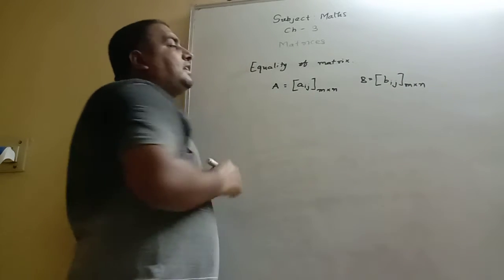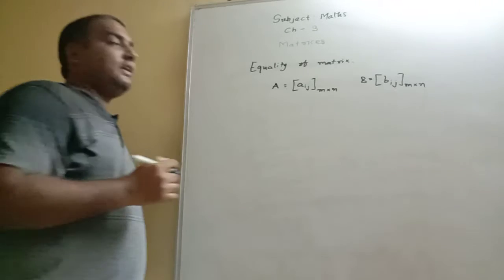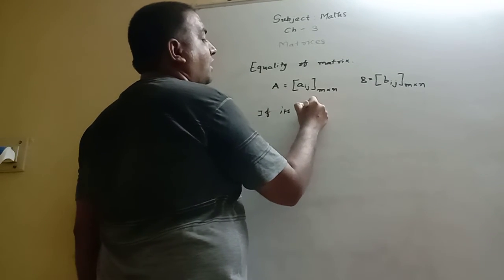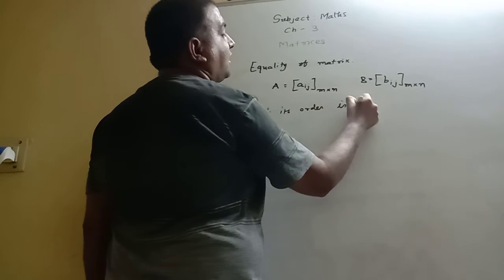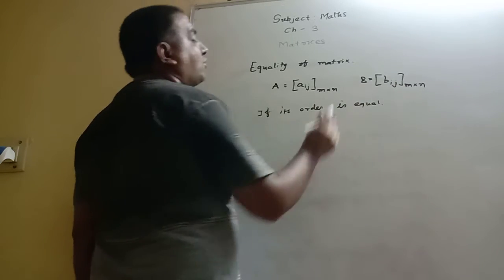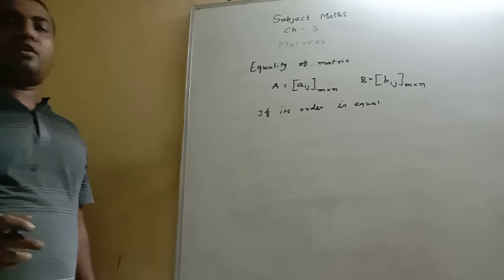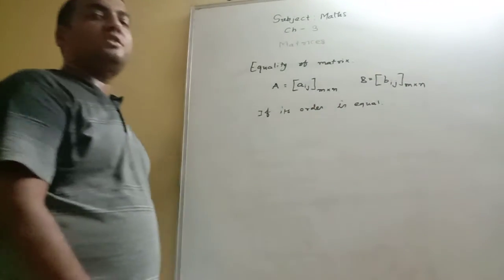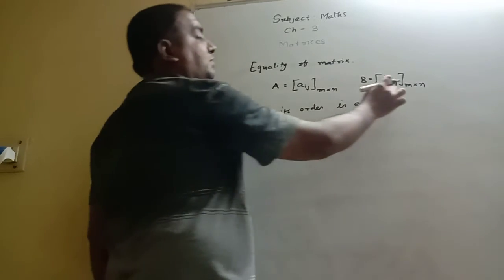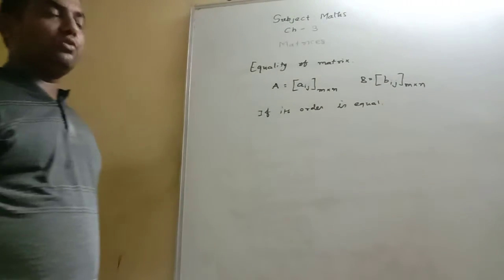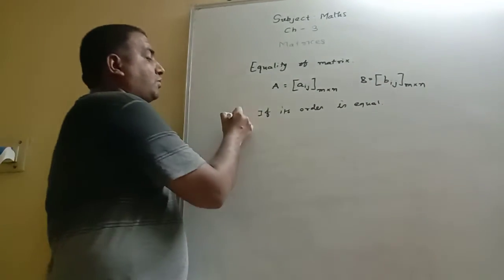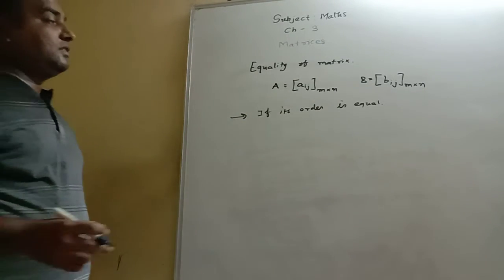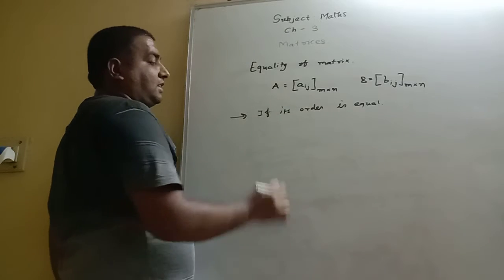We want to compare these matrices, then the two matrices are said to be equal if their orders are equal. So first we have to check whether the order is equal or not. If this matrix is 2 cross 3, then the other is also 2 cross 3. If 3 cross 2, then the other is also 3 cross 2. So to compare the equality of matrices, first we have to check that the order is equal.